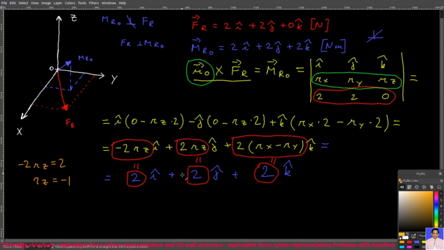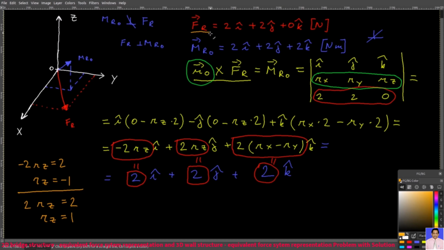And now if we take another case, the J case, then you have 2Rz equals 2 and Rz equals 1. So there is no point to continue because you can see that you get Rz equals minus 1 and Rz equals 1. And it obviously doesn't make sense, which means that there is no solution for this case.